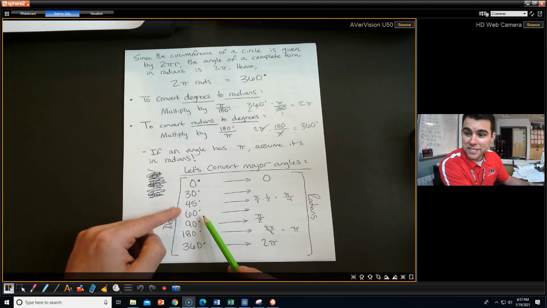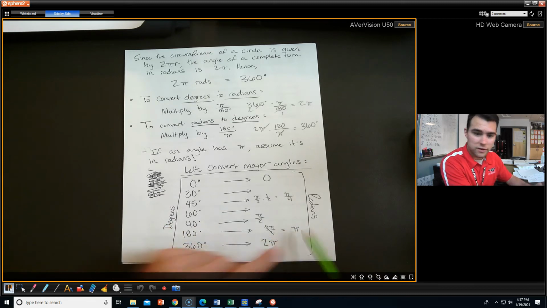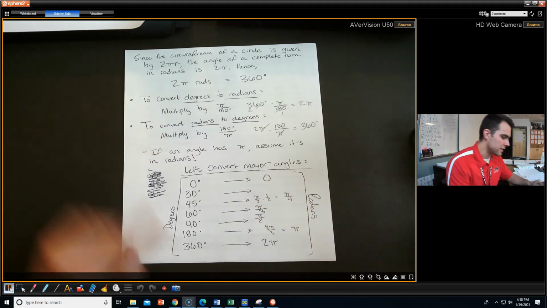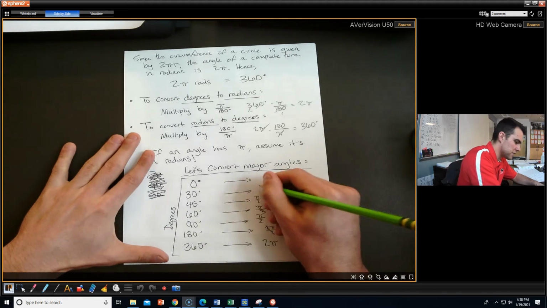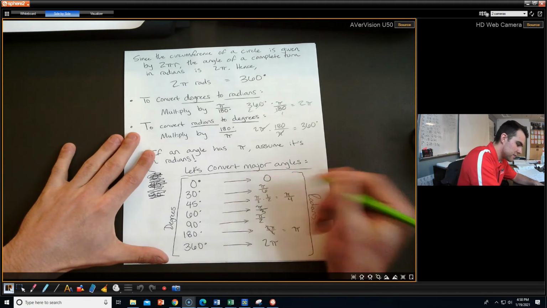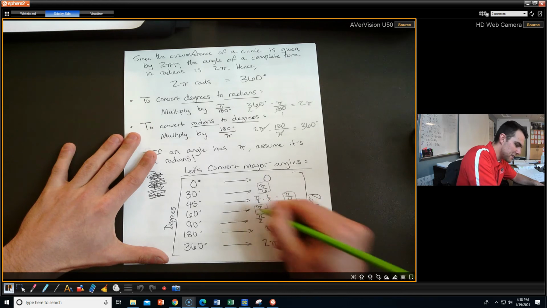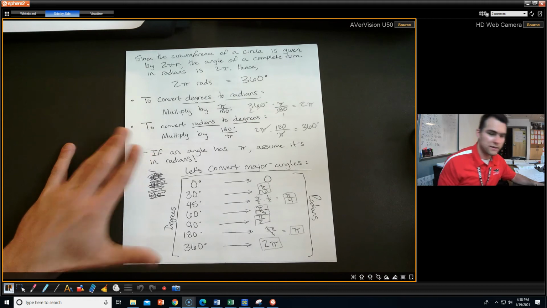Well, 60 degrees is a third of 180, so pi times 1/3 is pi over 3. Again, 30 is a sixth of 180, so pi over 6. And they have a nice little pattern. They just build their way up.